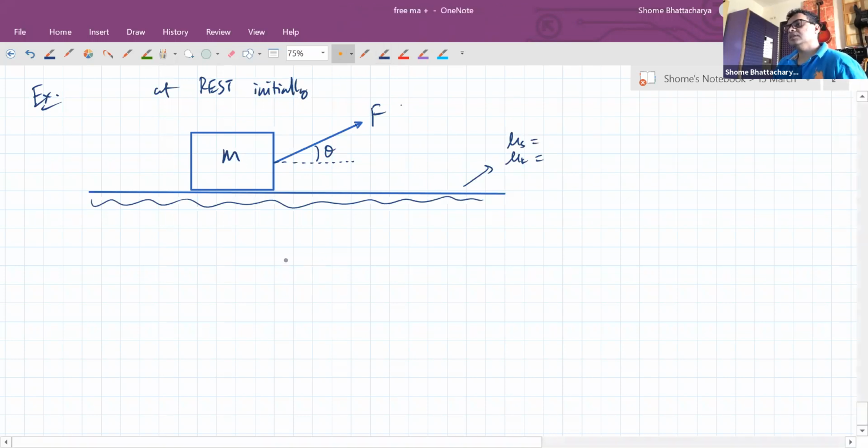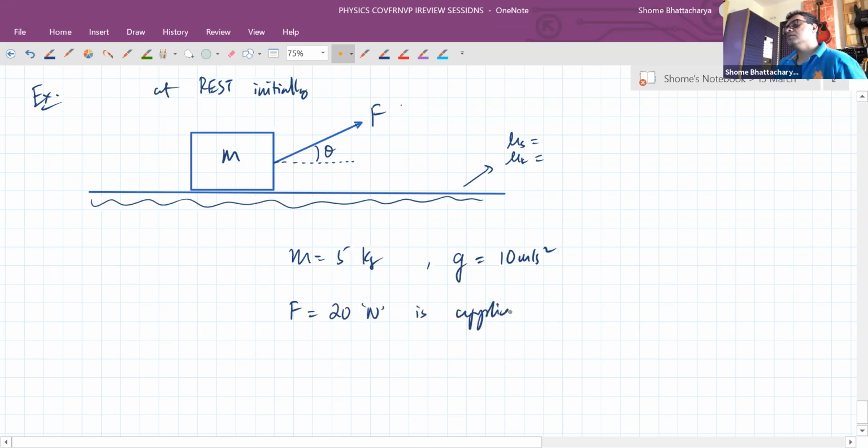So in this example, let's say mass is equal to 5 kg and we're taking g as 10 meters per second square. Now a force of 20 newtons is applied at theta equal to 37 degrees to the horizontal.